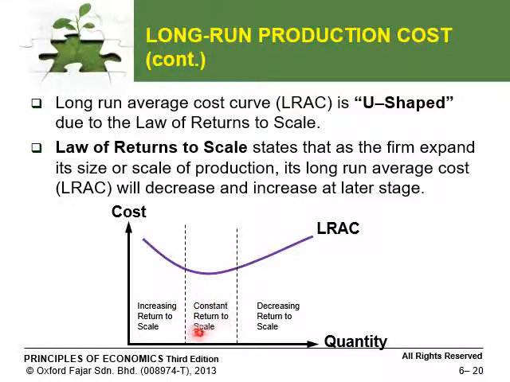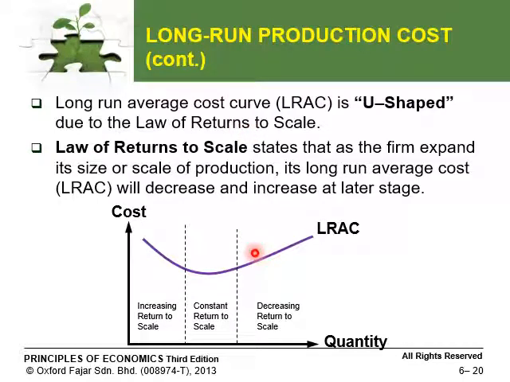And when the long run average cost suddenly keeps increasing upward, it is because of decreasing returns to scale. All these three things are associated with the law of returns to scale.